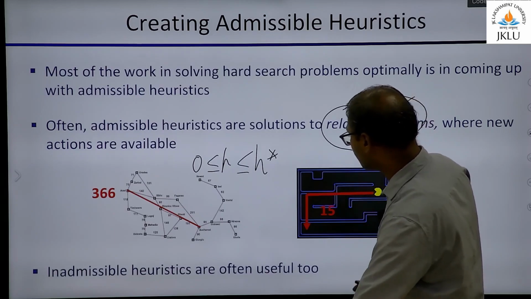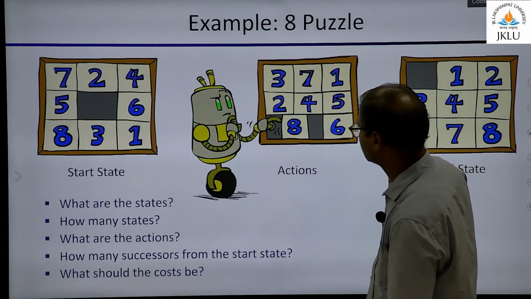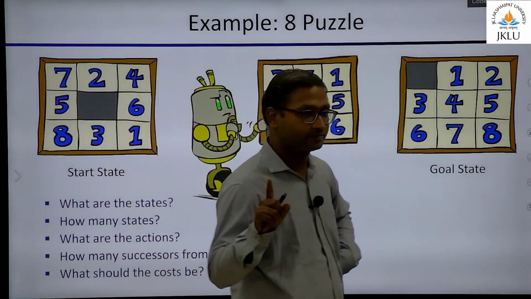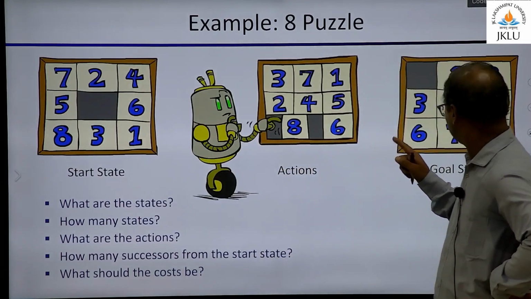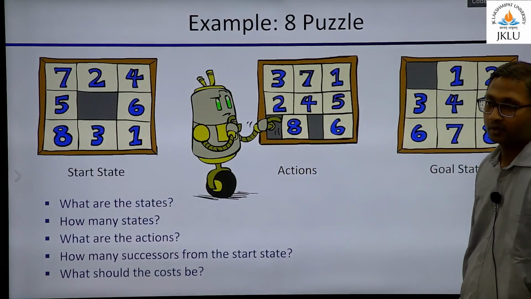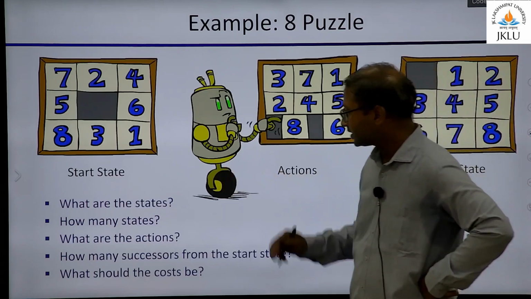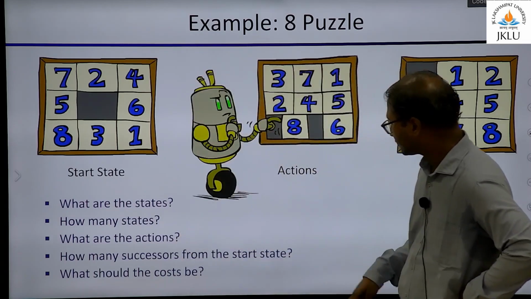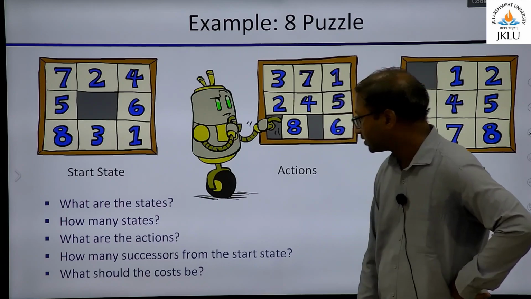So admissible heuristics are often useful to write. Do you know this game? What is the goal? What are the states? How many states? What are the actions? How many successors from the start state? What should the costs be?